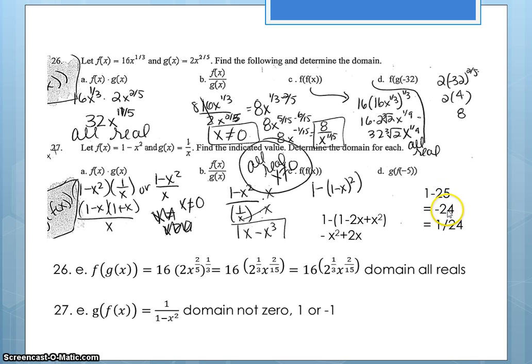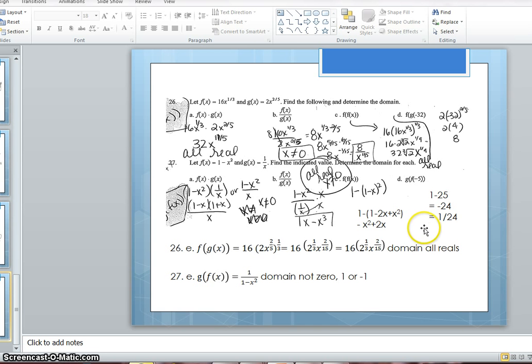Then you plug negative 24 into 1 over x, and you get 1 over 24. Oh, 1 over negative 24. So let's fix that one. Or you put the negative here, and then that should be it for that.